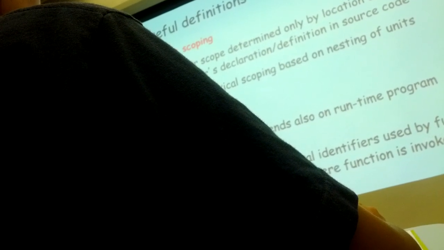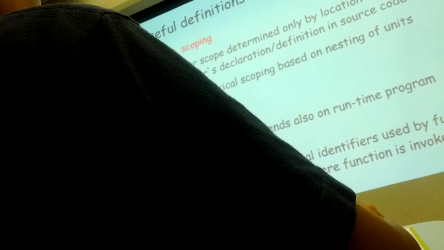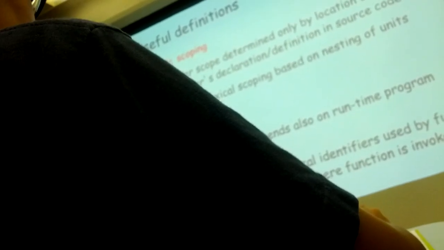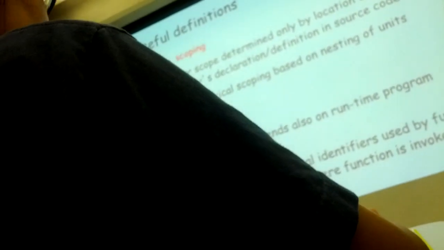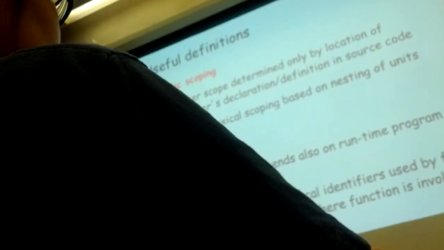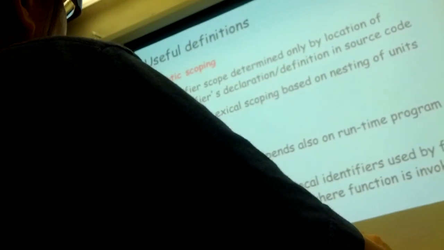This means that I is visible in this portion of the code and nowhere else. Someone else may define another identifier I, but that would be a different object. In languages that are statically scoped, this is always true. You can look at the source code and always say what the scope of that identifier is.